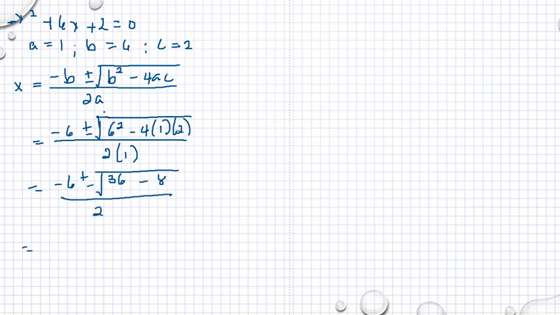What will be 36 minus 8? That is 28. Negative 6 plus or minus the square root of 28, divided by 2.